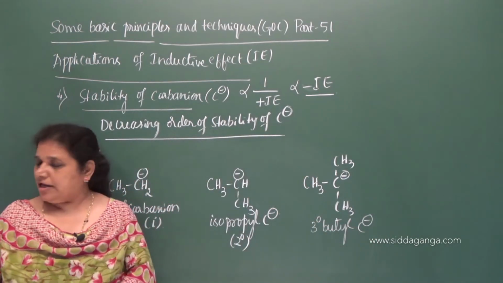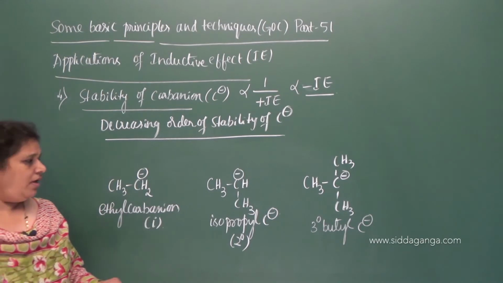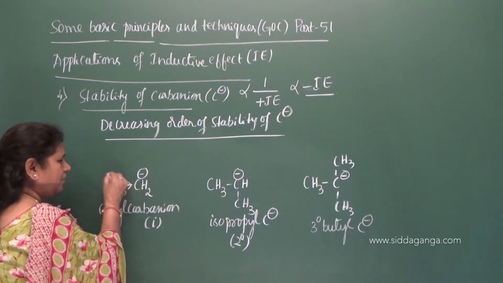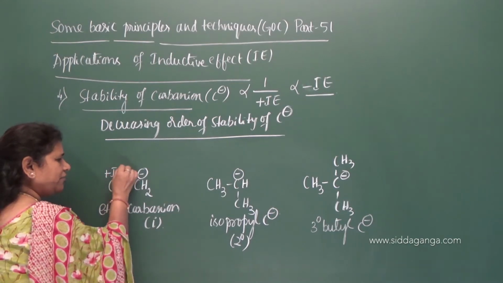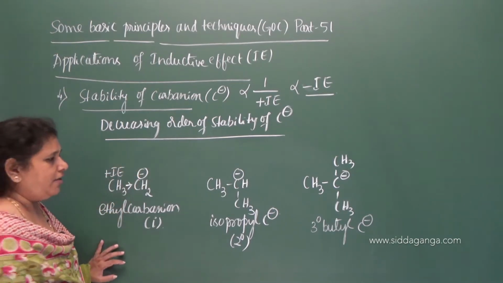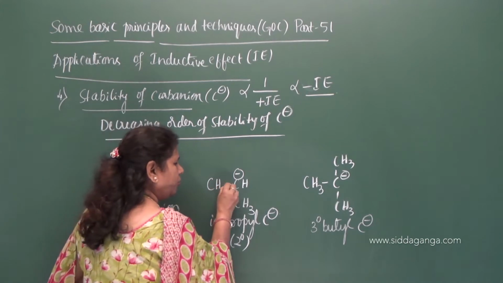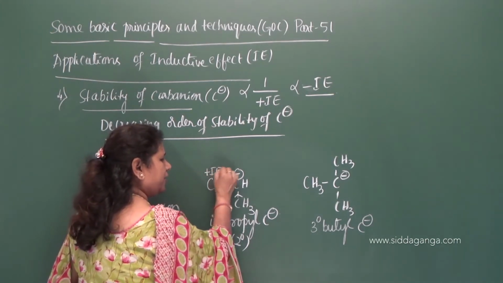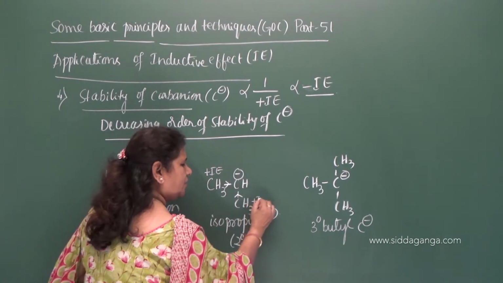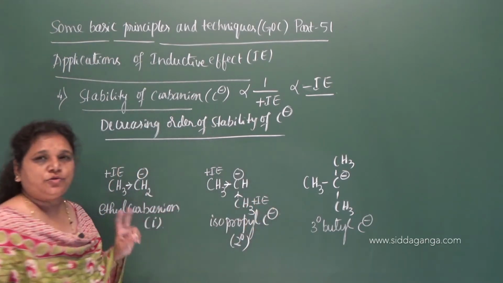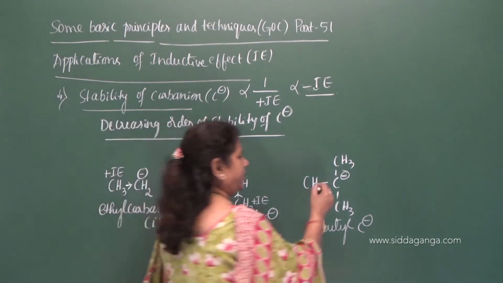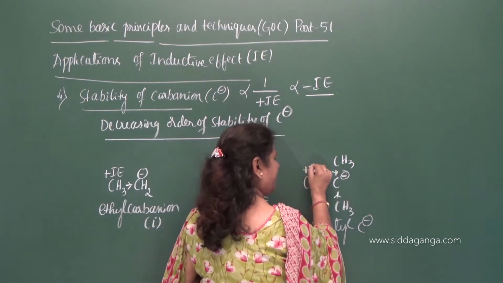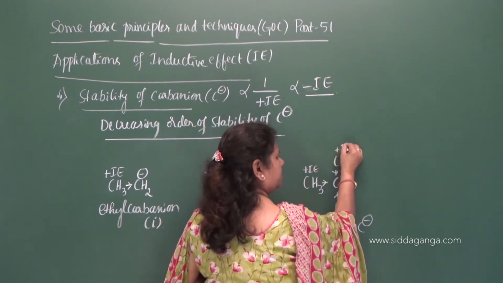Now here, the methyl groups exert positive inductive effect. One positive inductive effect is exerted by one methyl group, here the positive inductive effect is exerted by two methyl groups, and here it is exerted by three methyl groups.